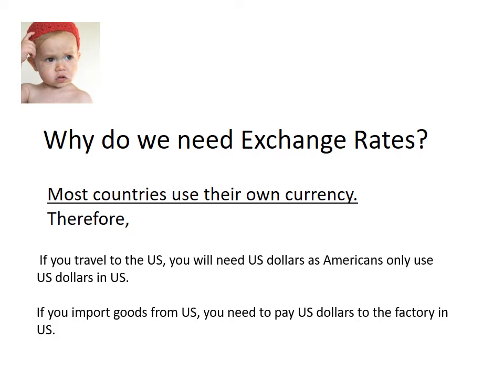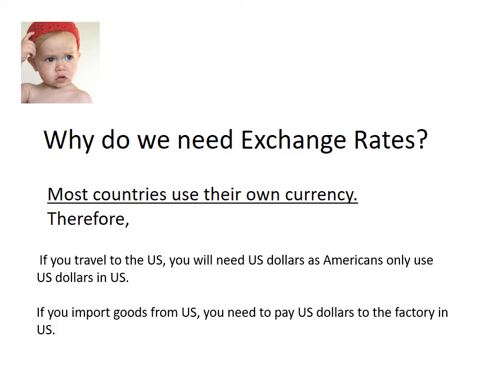Technically speaking, when we buy US products in Singapore, we have to pay the US seller, and of course the money has to go to the US. So we have to pay the American seller in US dollars because they use US dollars over there.